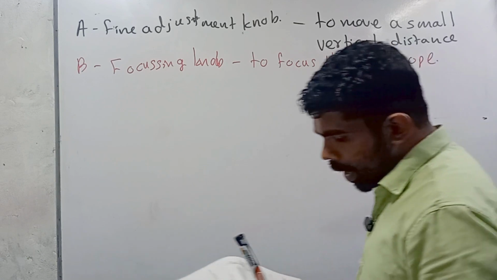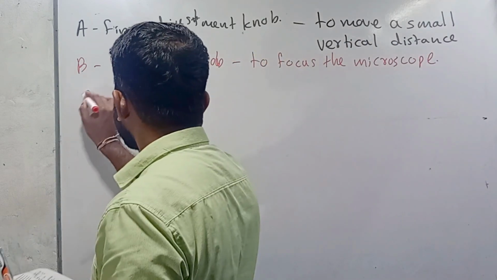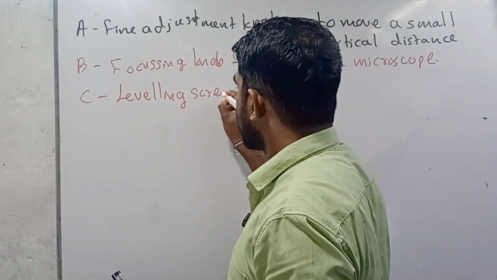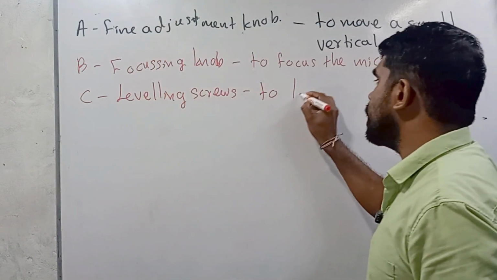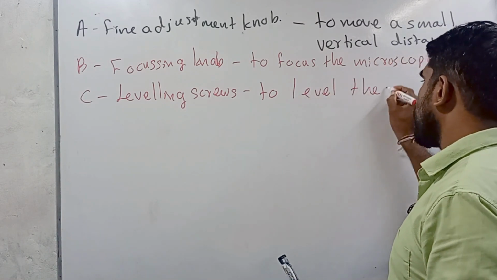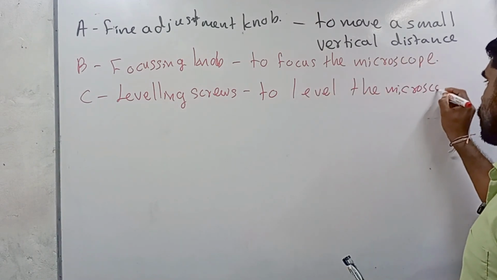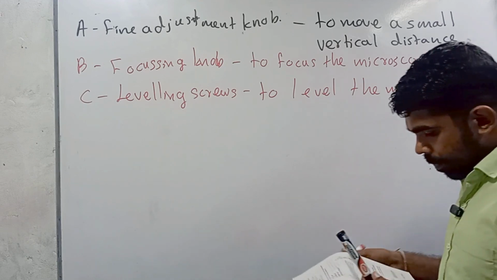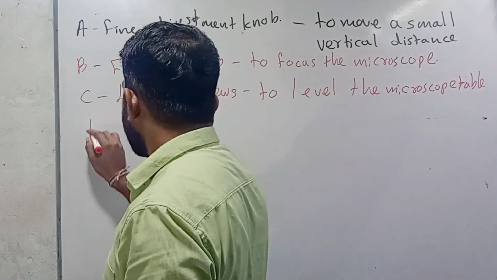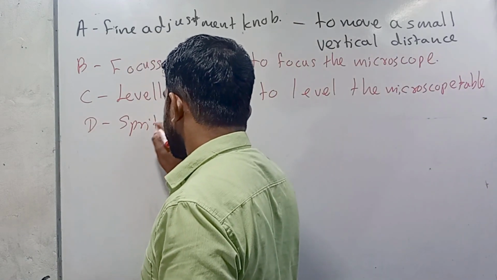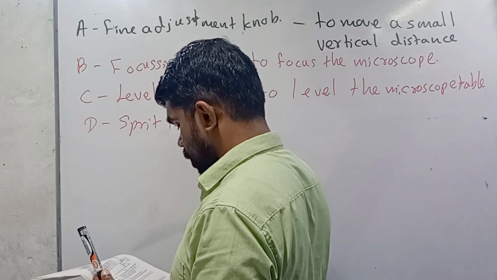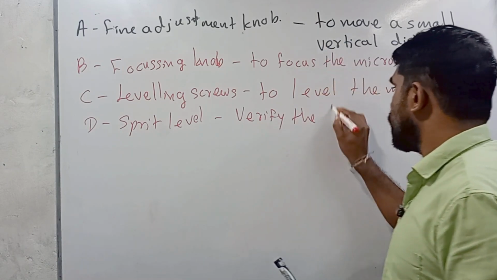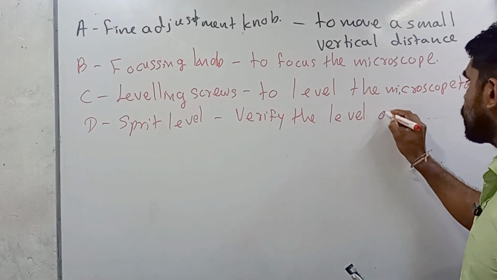Then C, leveling screws, to level the microscope table. Part D, spirit level, to verify the level of the microscope table.